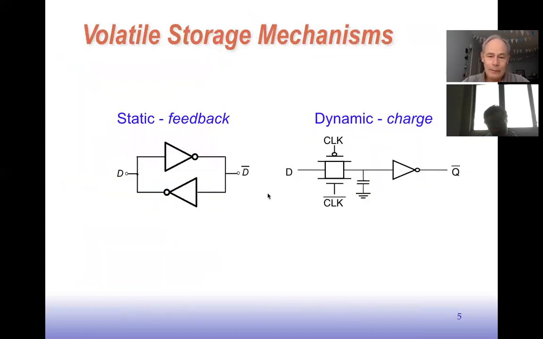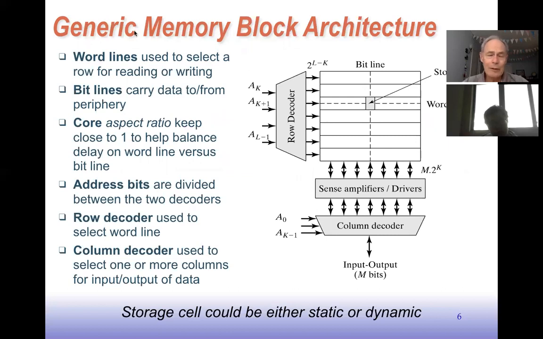Now, the basic mechanism is shown here, and both those mechanisms can be used to build an array of high density memory. And when we build an array, we have what we call a memory block. And this is kind of a generic architecture for how memory blocks are put together. You can see in the picture on the right.